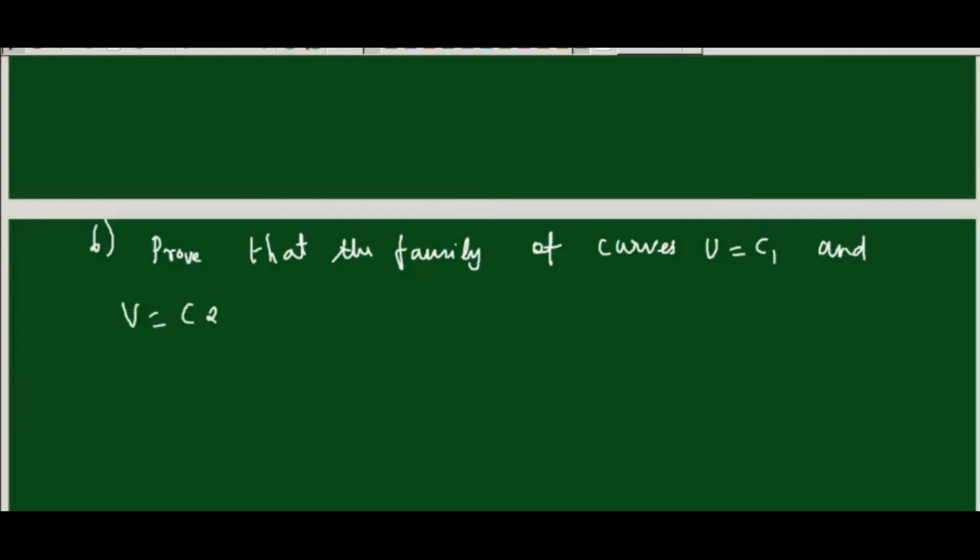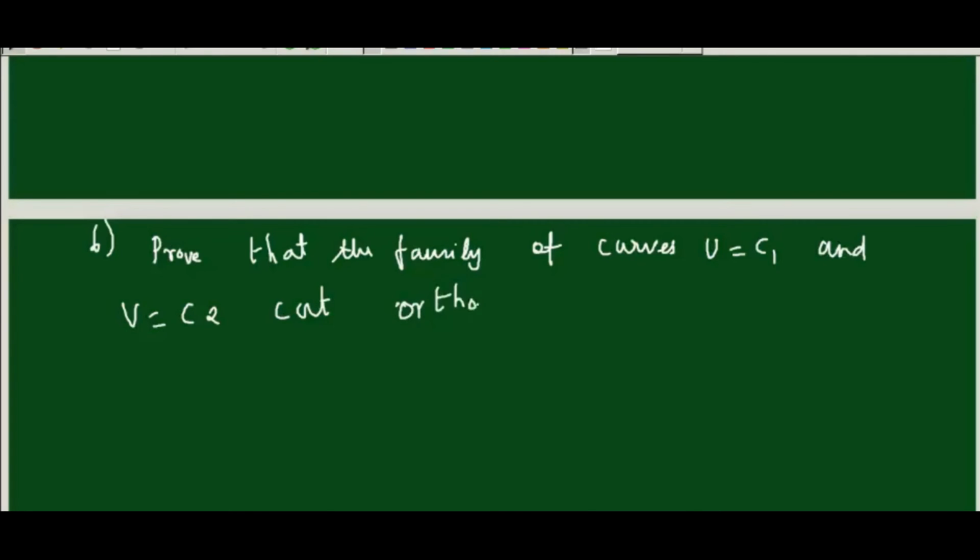Prove that the family of curves U is equal to C1 and V is equal to C2 cut orthogonally. What is the method for cut orthogonally?